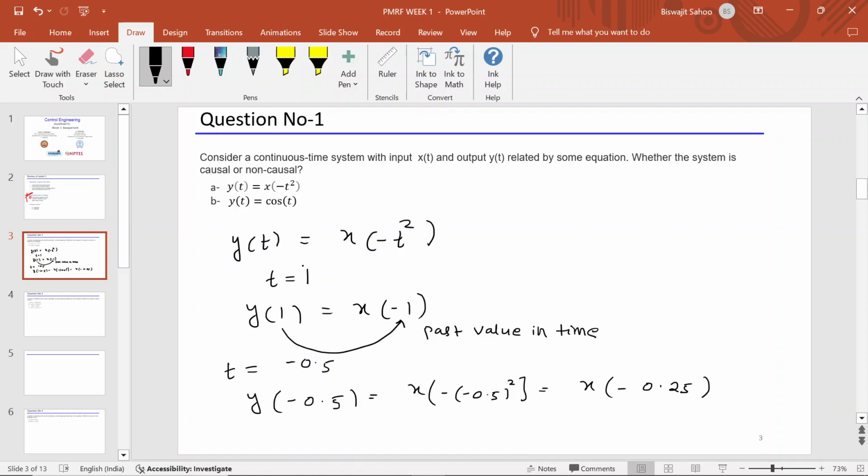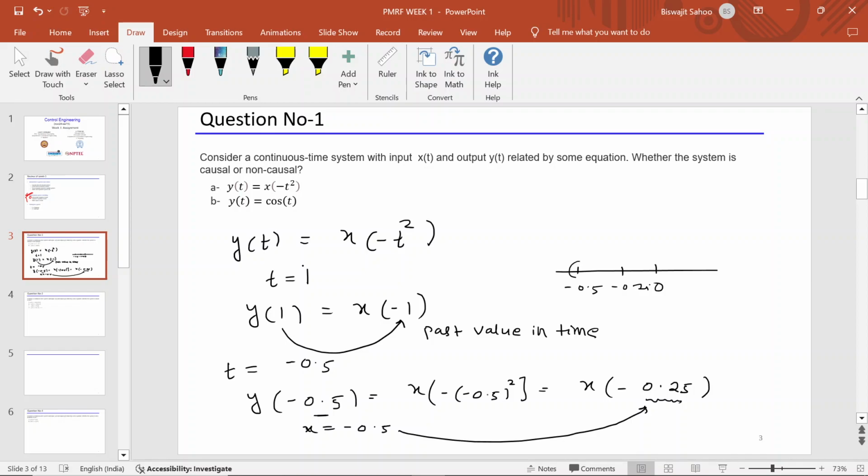It means for t equal to minus 0.5, this is for y, this present value depends on x of minus 0.25. On the axis, this is 0, this is minus 0.25, and this is minus 0.5.